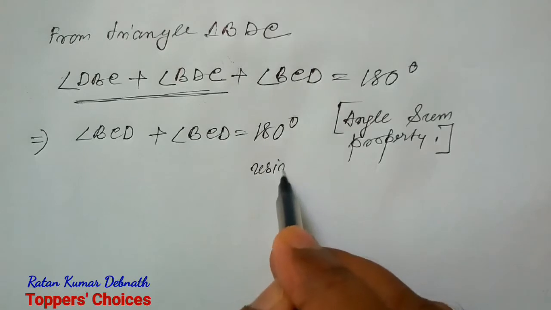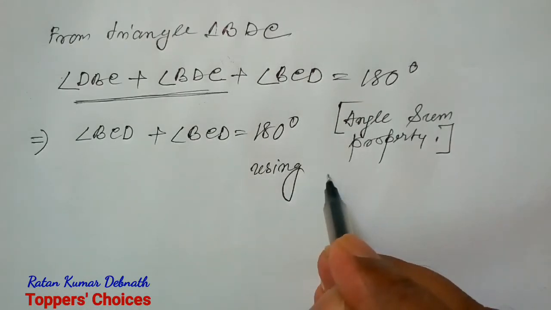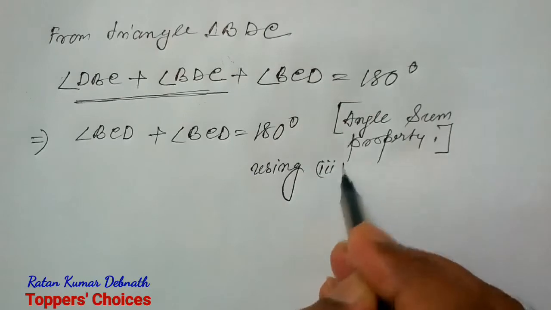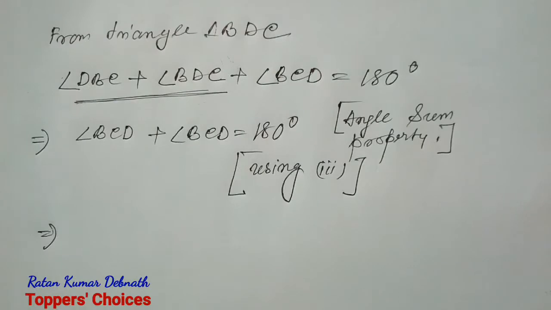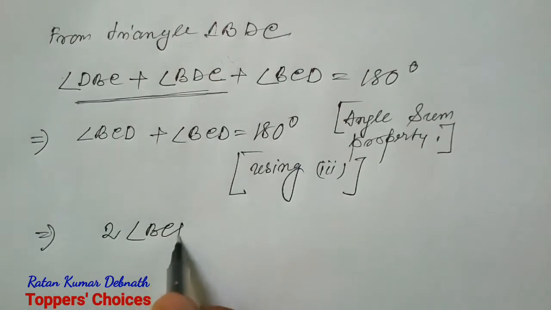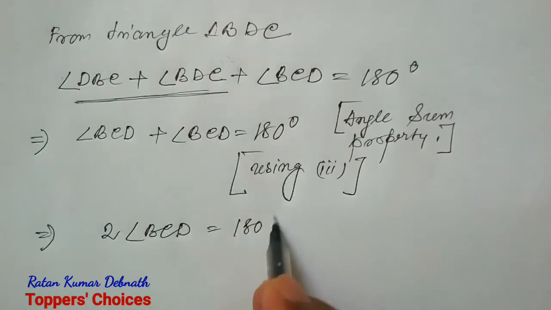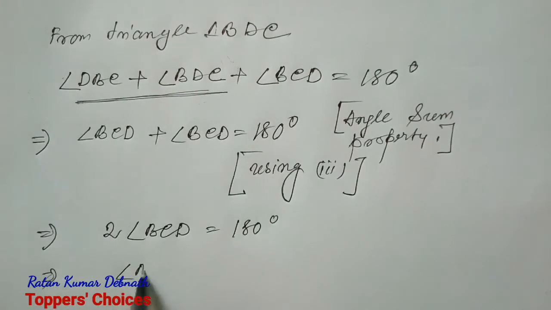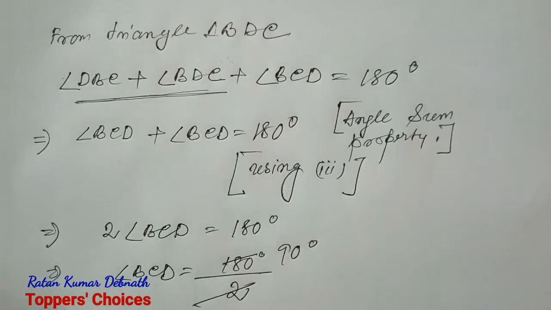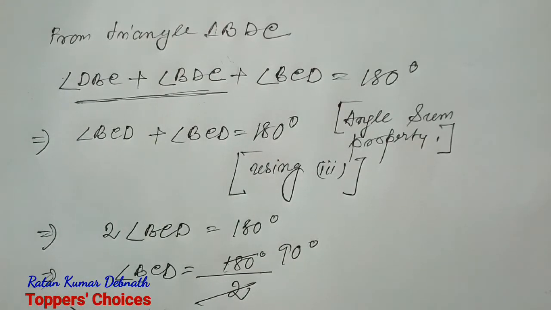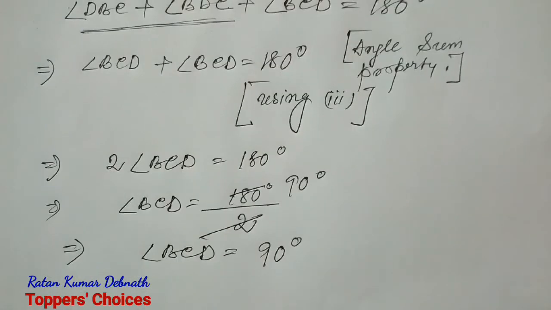Using 3, that is 2 into angle BCD equals 180 degrees. Therefore angle BCD equals 180 degrees by 2, which results in 90 degrees, which implies angle BCD equals 90 degrees. Proved.